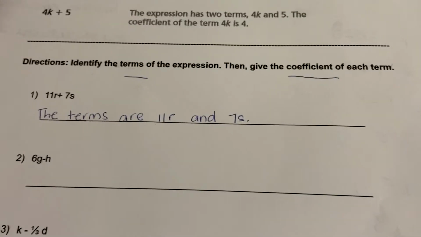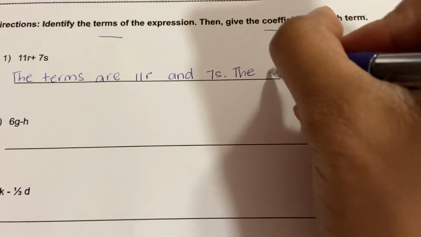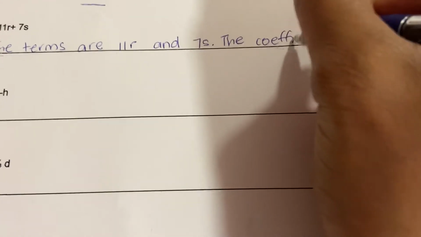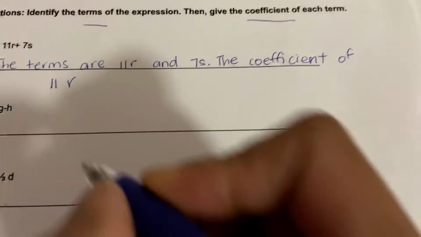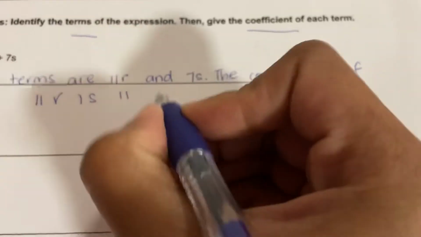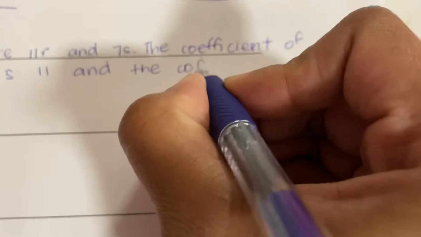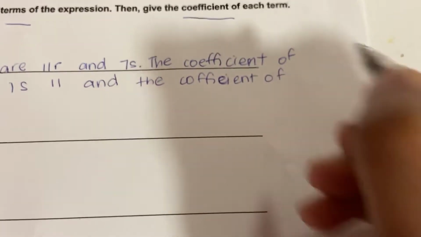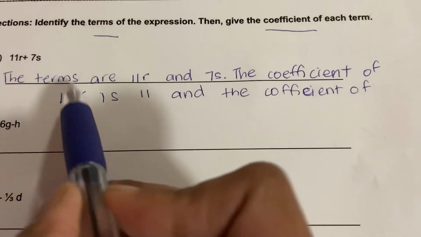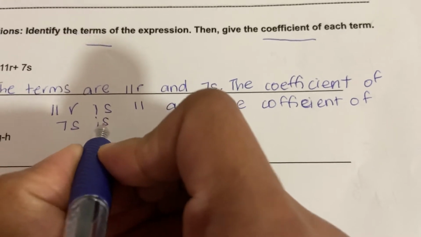If I were to jot this down, the terms are 11r and 7s, and the coefficient of 11r is 11, and the coefficient of 7s is 7.